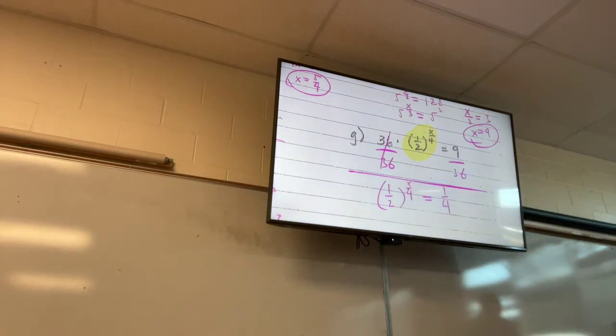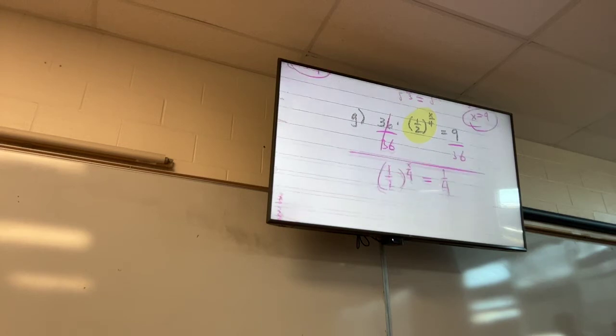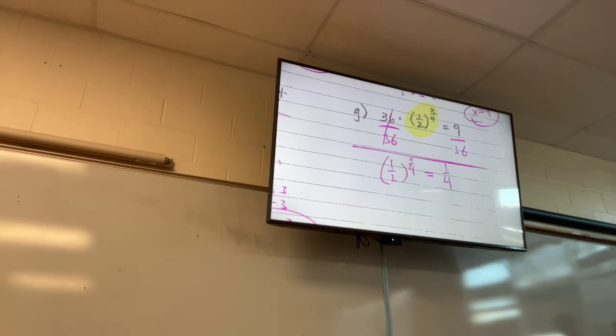Okay, this one gets a little weird. It's not too bad though. 1/4 is the power of what? So 4 is the power of what? 2, yeah. So what I'm going to do is rewrite this as 1/2 to the x over 4 equals 1 over 2 squared, right?